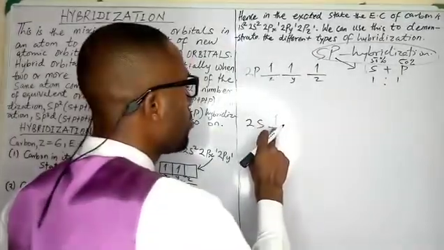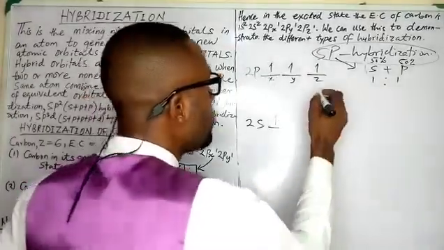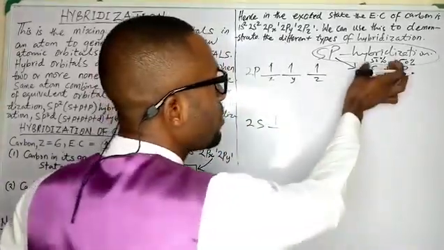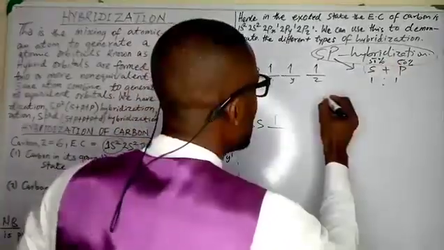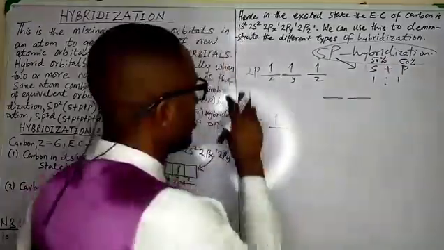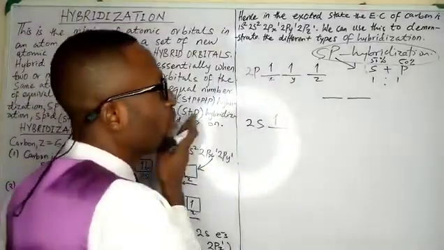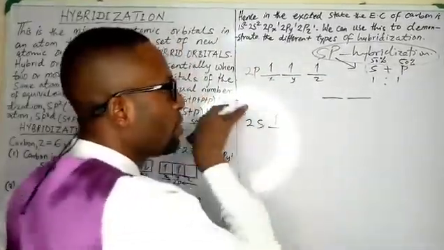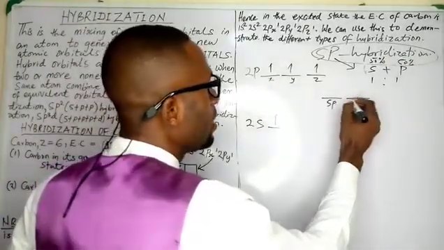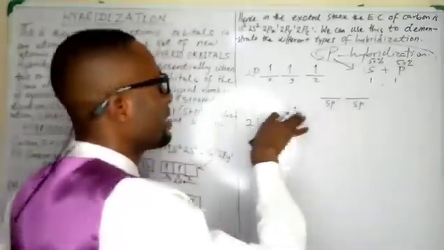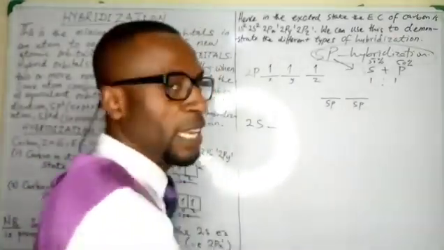If you are combining 1 s and 1 p orbital, we are going to make two sp hybrid orbitals. And because it's 50%, 50%, in terms of the energy level, it will be exactly at the center. Both have equal strength, so the sp hybrid orbitals will be exactly at the center in terms of the energy level.